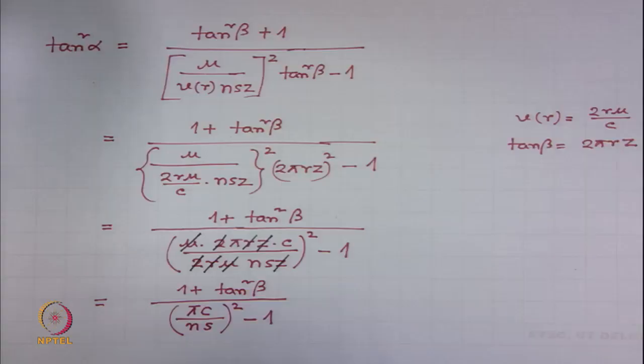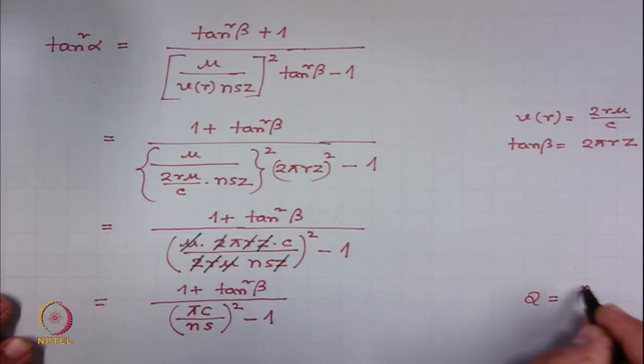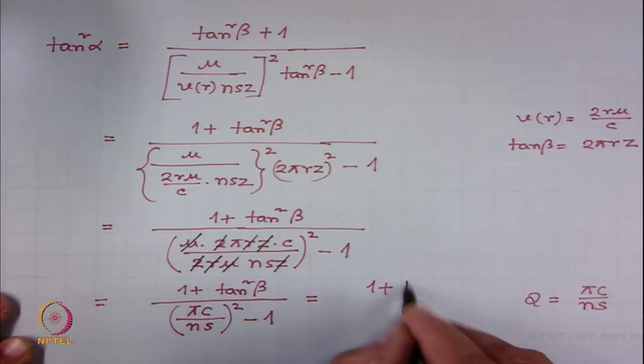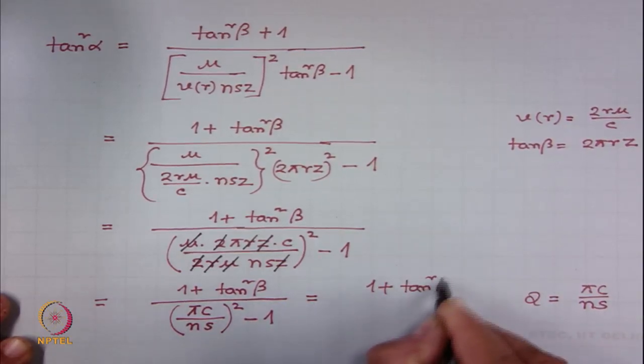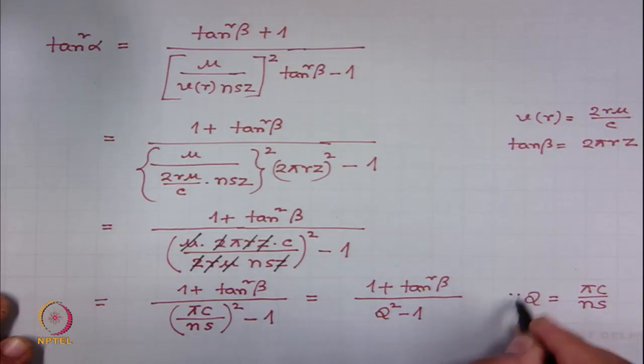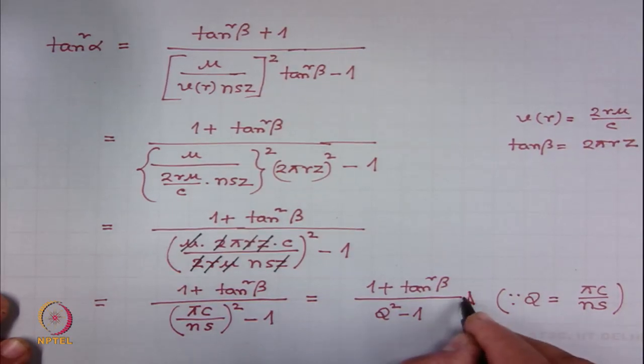Let us assume this is equal to capital Q, which is a constant, then we write as Q square minus 1. This is a very important expression.